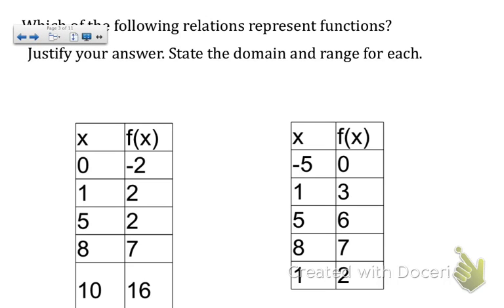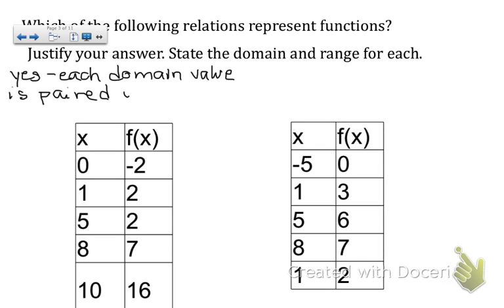this relation is a function. If I check out those x values, every x value is paired with exactly one y value. So I'm going to say, yes, this is a function. Each domain value, each x, is paired with one y value, or one range value.